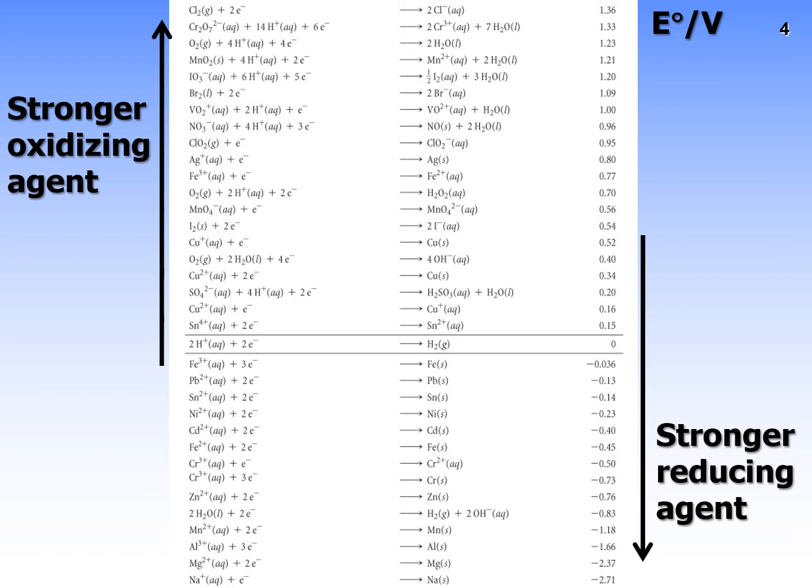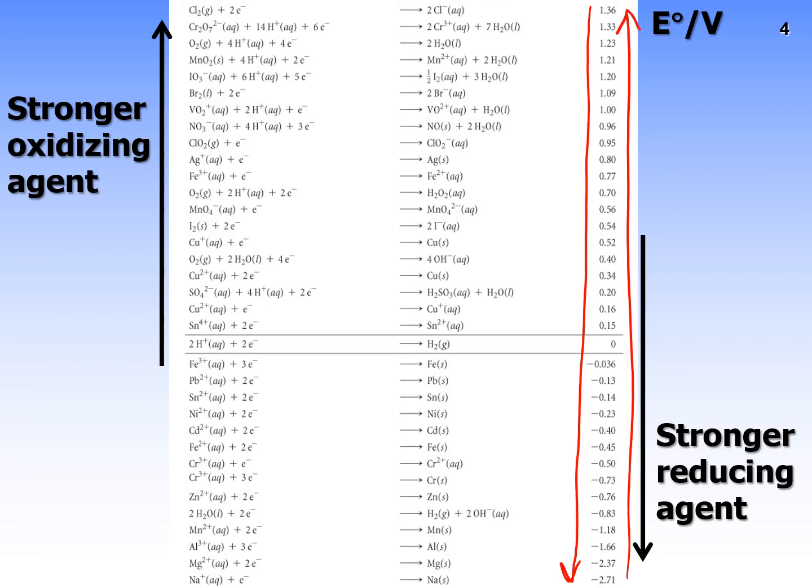In other words, if we look at this reduction potential table, it's in order of decreasing as we go down that way, or increasing as we go up this way. And since as we go up this table, the values become more positive, we have the values becoming stronger oxidizing agents as we go up. And since as we go down the table, the values become more negative, like you can see here, we have stronger reducing agents.